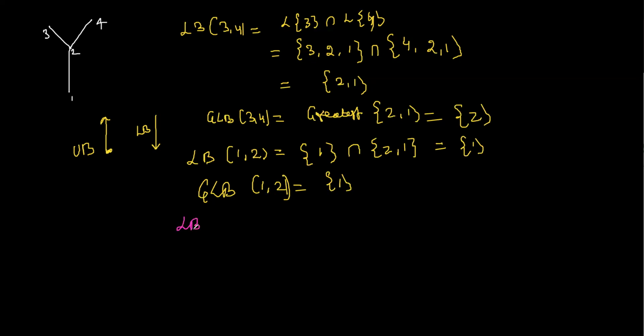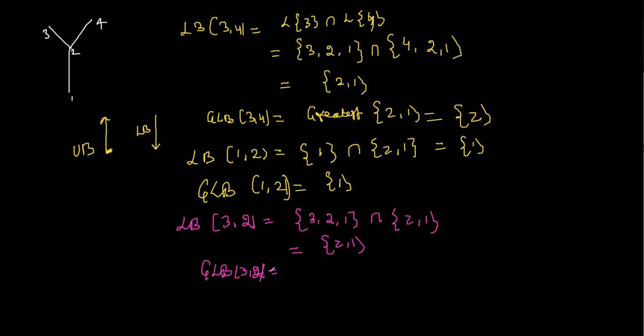What is the lower bound of 3, 2? 3 means 3, 2, 1. Intersection with 2, which is 2, 1. So the intersection will be 2, 1. This is the lower bound. But I am asking the greatest lower bound. 2. 2 is the greatest value. Greatest means top value. Yes. Note down this.